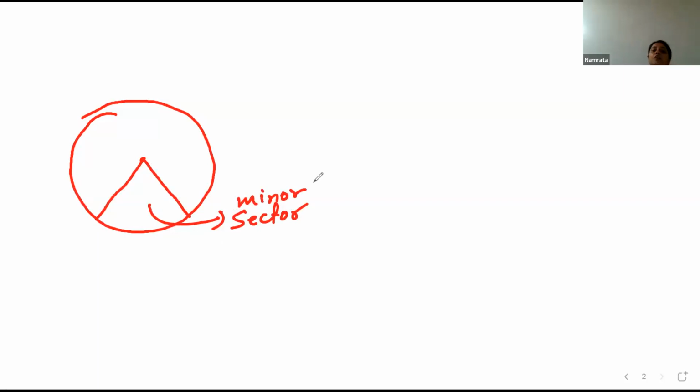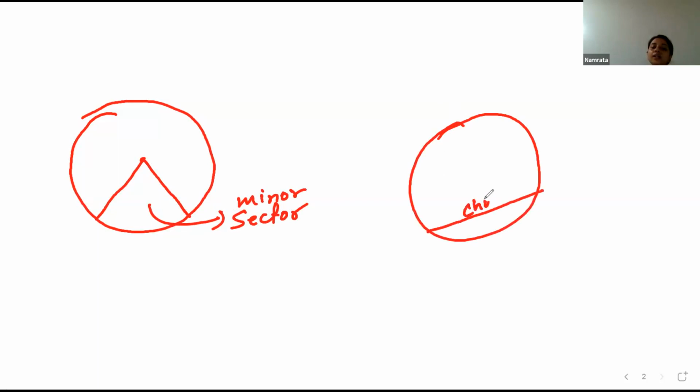Now, if I am talking about the segment of a circle, segment means what? When we draw a chord in any circle, then this is called a segment of the circle. The upper one here is called the major segment.